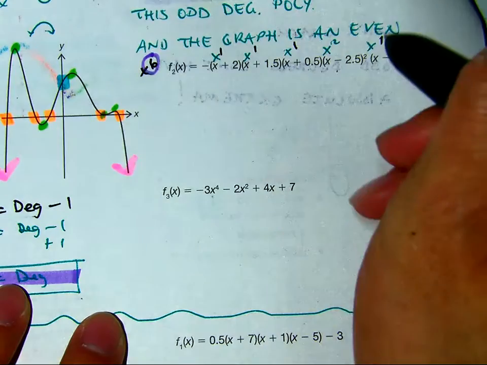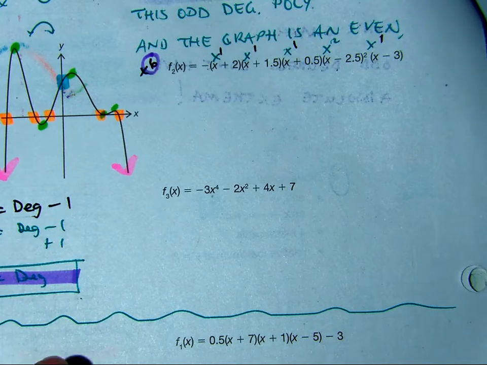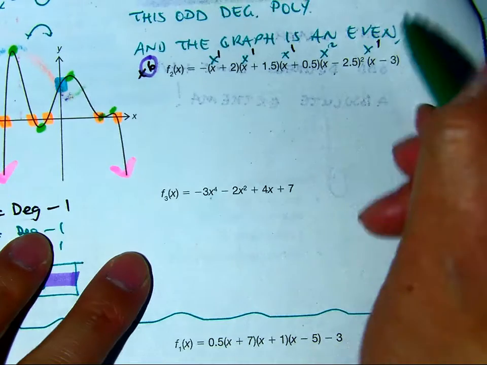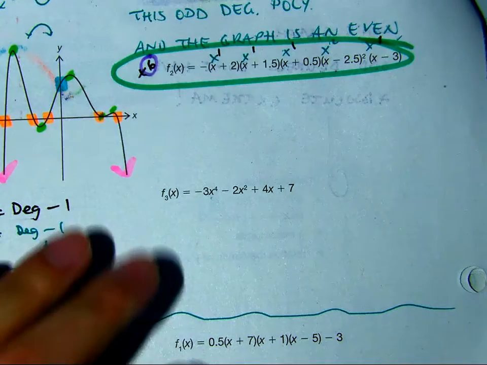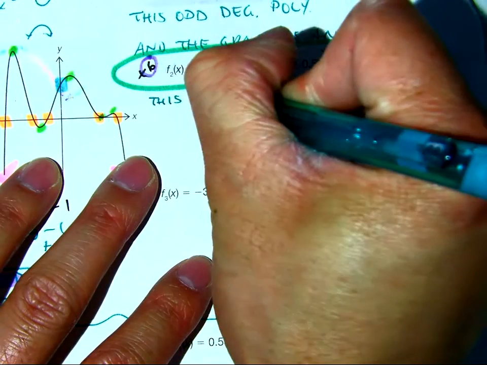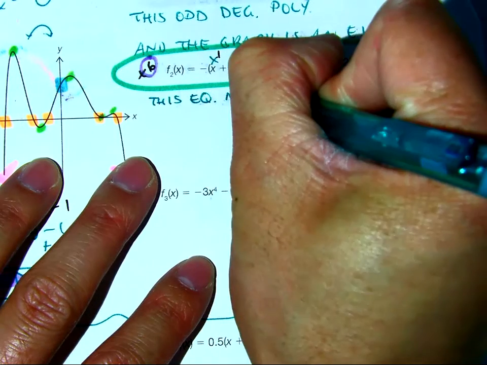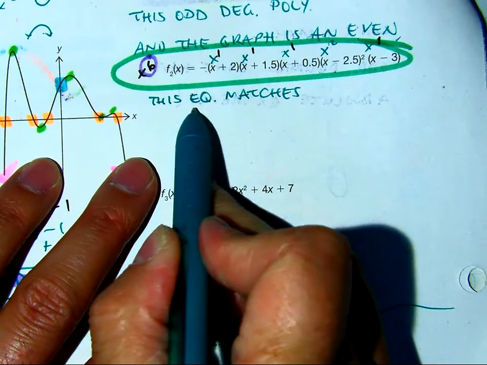So it tells us to circle it, right? Circle the function which you can use. So let's circle this in green. Green for go. This equation matches. When you guys are using your quizzes or tests, I want you to abbreviate.